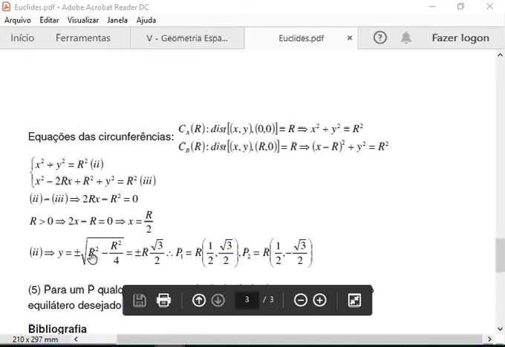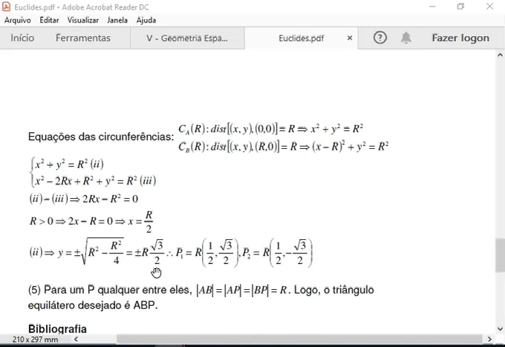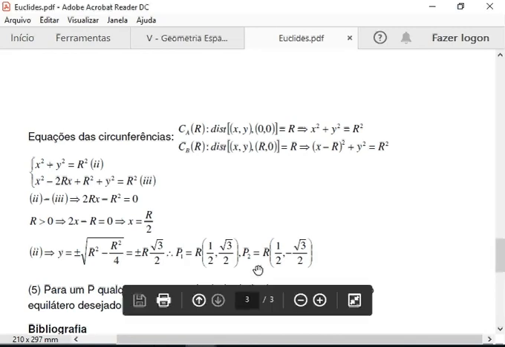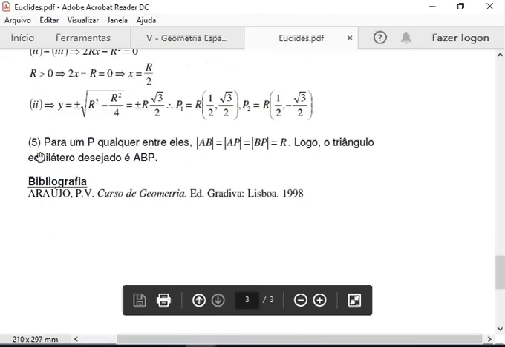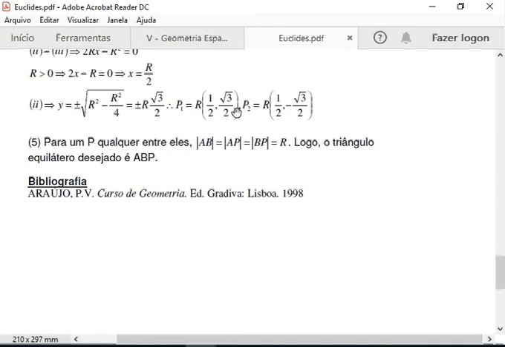You do 4/4 minus 1/4, 3/4, square root of 3 over 2, plus or minus: P1, P2. One for plus and one for minus. For any P between them, P1, P2, AP is equal to AB is equal to BP equals r. Therefore, the desired equilateral triangle is ABP.